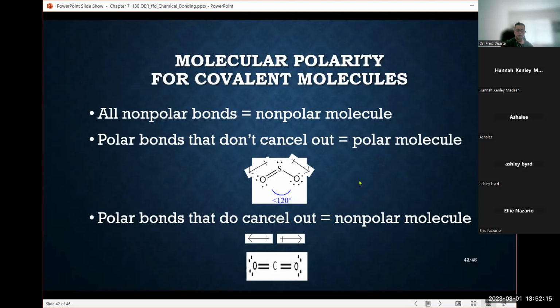All right, so to rehash: all nonpolar bonds, we get a nonpolar molecule. With respect to polar bonds, if the polar bonds do not cancel out due to the geometry of the molecule, we have a polar molecule. If they do cancel out, then we end up with a nonpolar molecule.